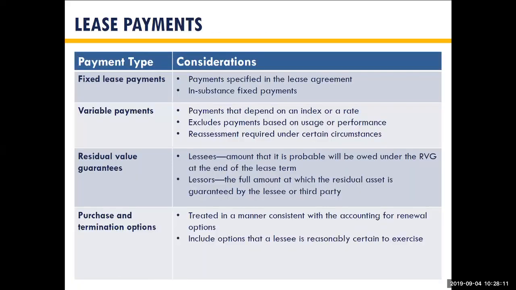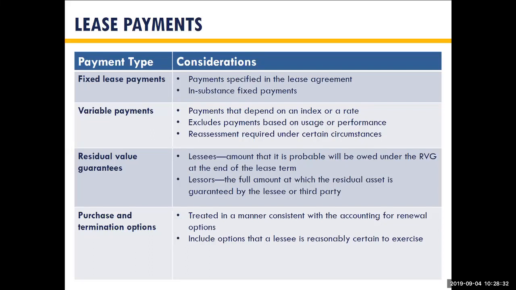Next item here is related to lease payments. So what's all included in the lease payments when you're measuring the lease? The first is related to fixed lease payments. So those are the obvious piece that's included here. You could have in-substance fixed payments. So there could be an option within a contract.